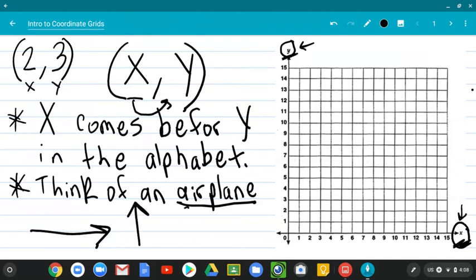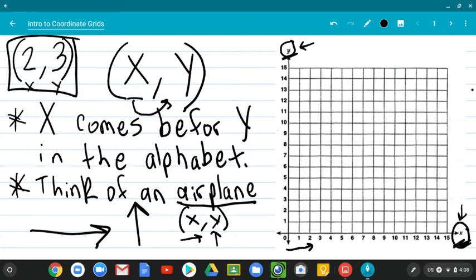So the X is across and the Y is the up. For example, if we're going to plot the point (2, 3), we would go over 2 because that's the first part, and then up 3 because that's the second part. So over 2, up 3, where those meet would be right here.